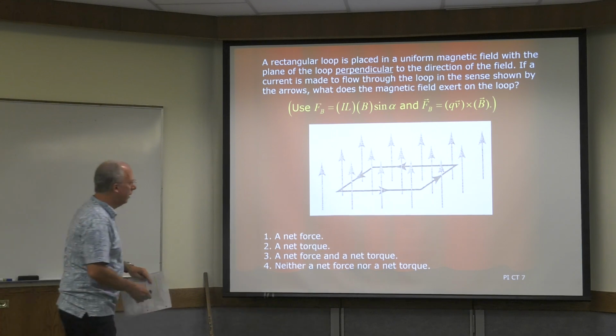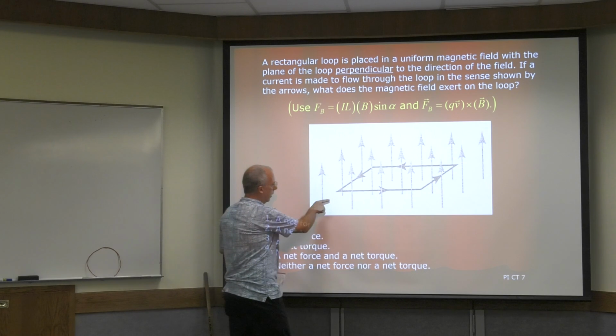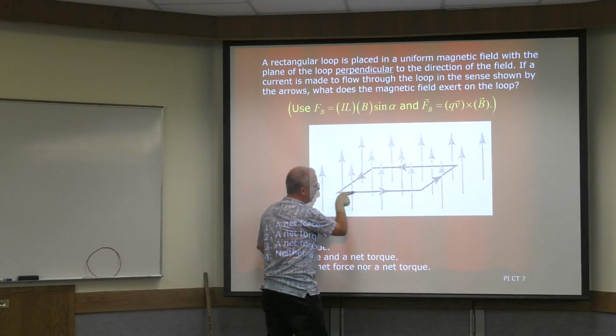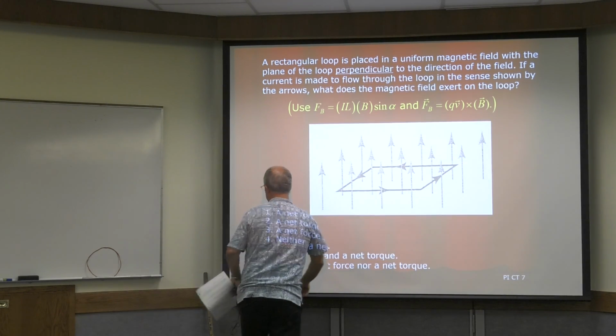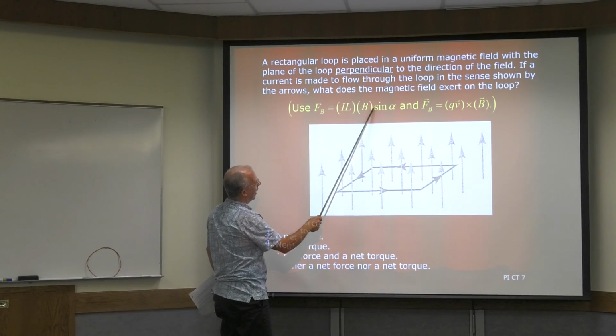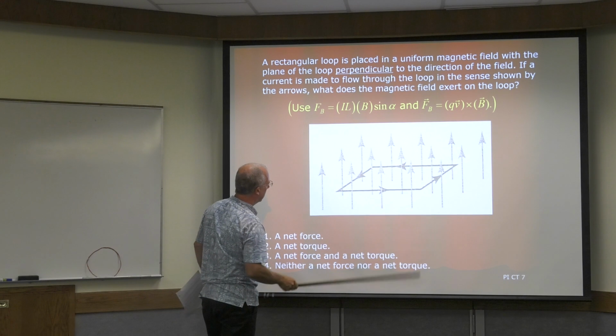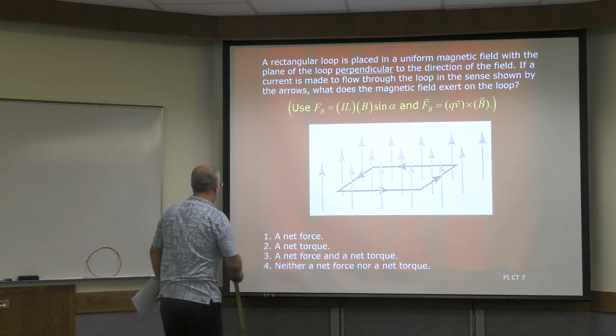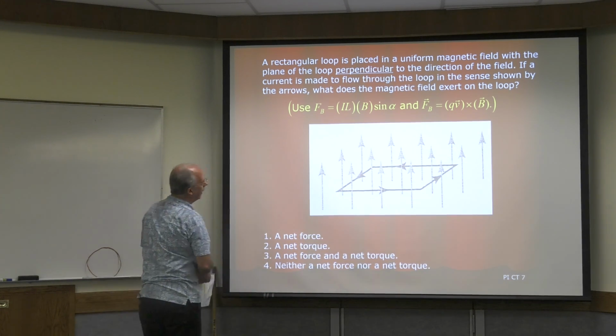Okay, let's do it. So here, the current is this way, the B field is that way. So what's alpha? Alpha would be 90, sine of 90 is 1, right?